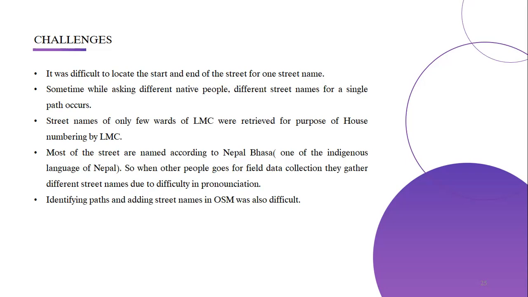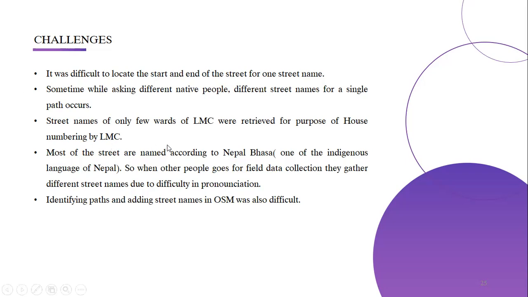Similarly, the street names of only a few wards of Lalitpur Metropolitan City were retrieved for the purpose of house numbering. So the house numbering project was also pending, which is being done by Lalitpur Metropolitan City. And for this project, they have also collected a few street names. We also tried to retrieve those data and added those data on OSM.